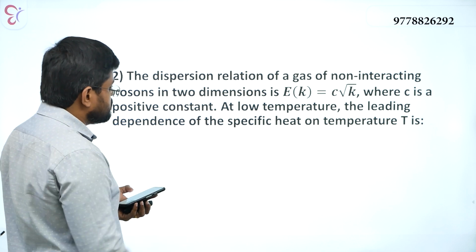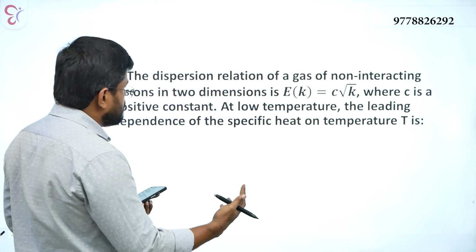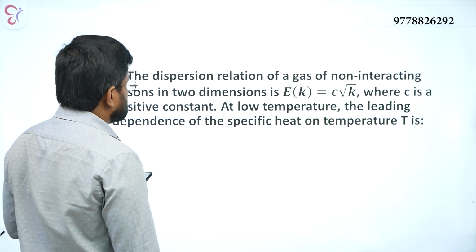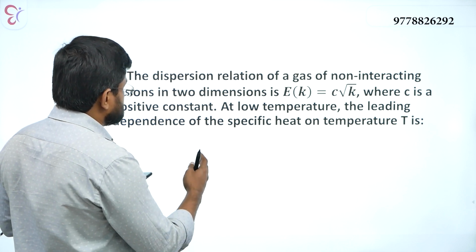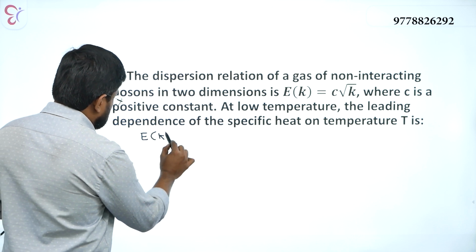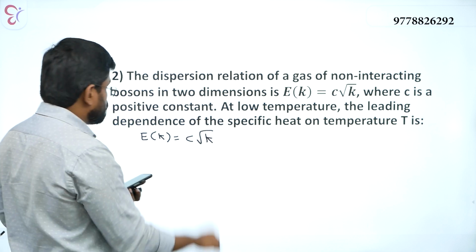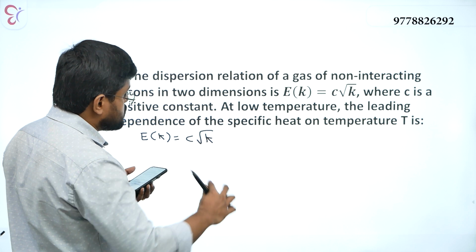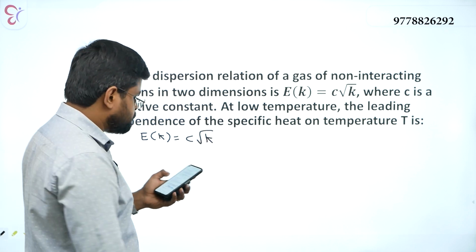At low temperatures, the leading dependence of the specific heat on temperature T is, see, a dispersion relation of a gas is given as E of k equal to C under root k, and we need to find out the dependence of specific heat on temperature. Okay, let us find out.